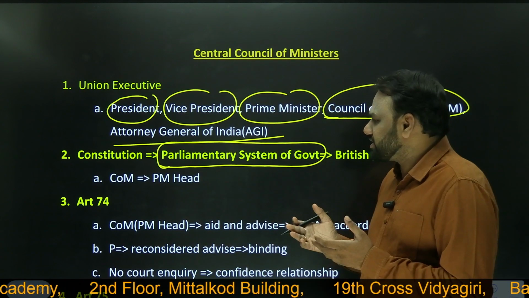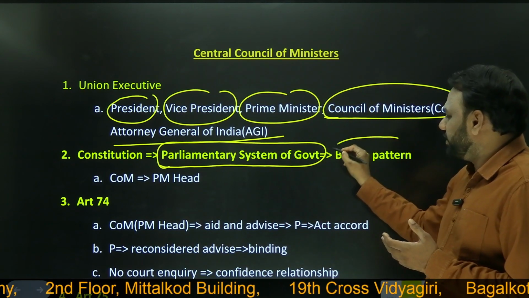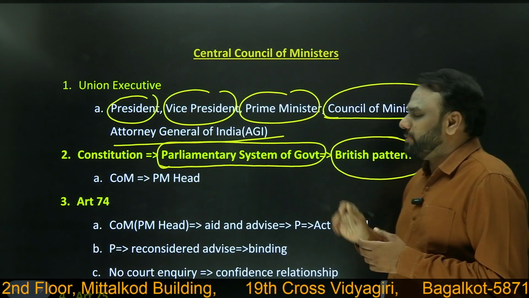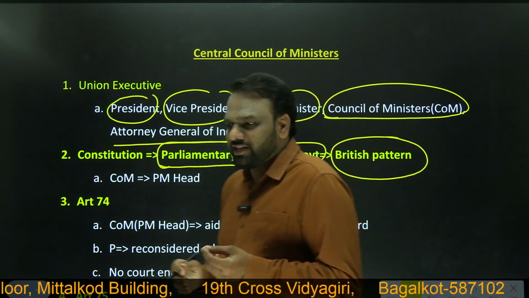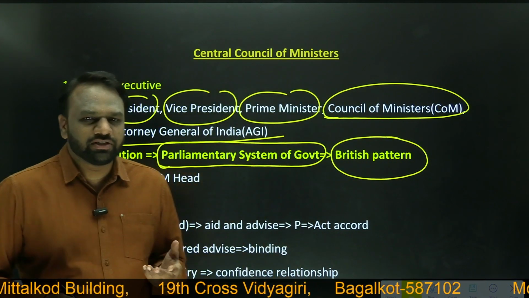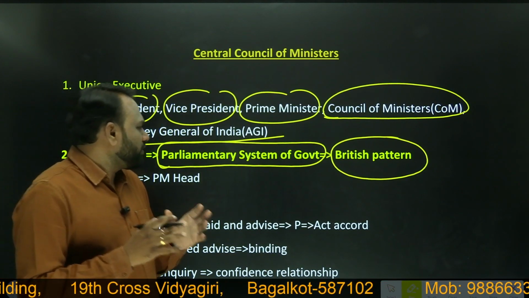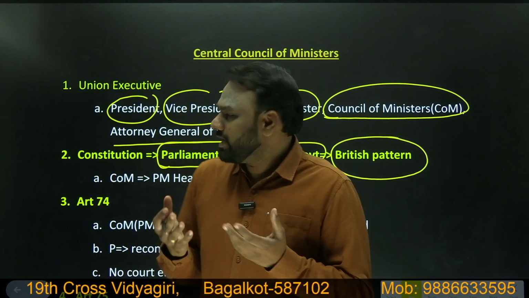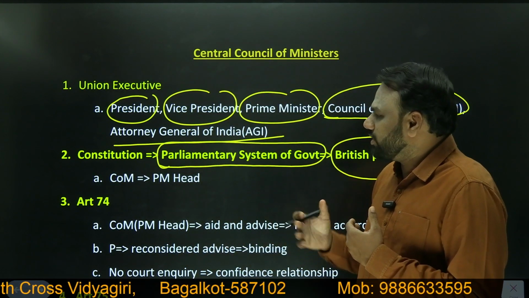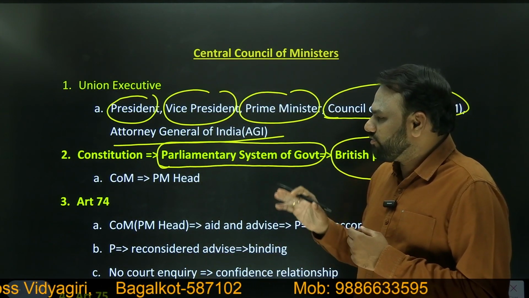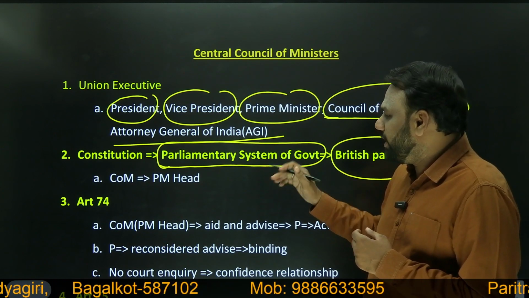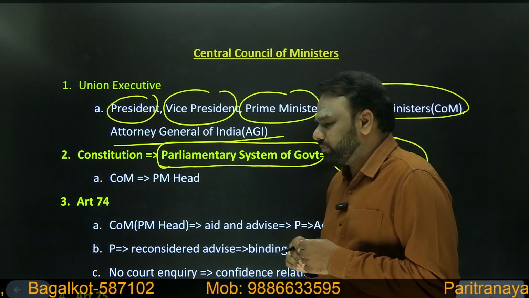We have borrowed this type of government from Britain, or we are following the British pattern. The obvious reason is because we were ruled by Britishers, and apart from that, the important positive features of parliamentary system had greater influence on our constitutional framers. So that's why we have adopted parliamentary system of government.